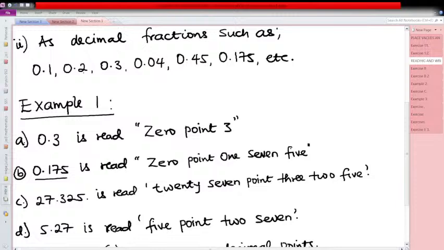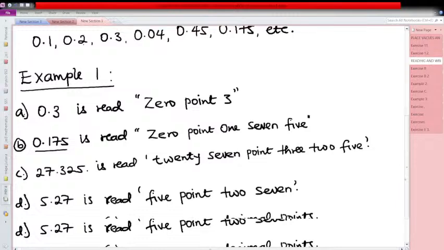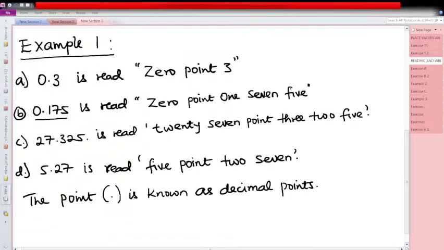Remember what I told you at the last class? You don't read them as naught point one hundred and seventy-five. After the decimal point, you call out each figure as it is. You can only read the whole number part in terms of its value, but after the decimal point, which is the fractional part, you call out the figures as they are.